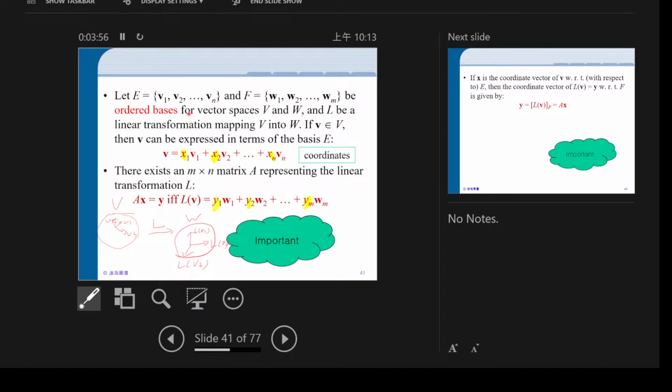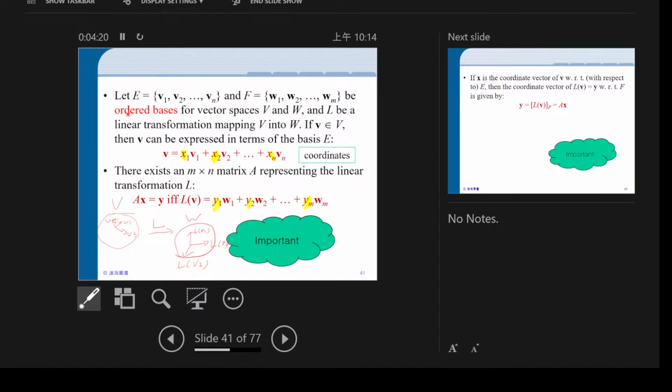So we have an ordered basis E, with each element called v, for this vector space V, and also an ordered basis for W. That set is called F, and each element is called a small w.